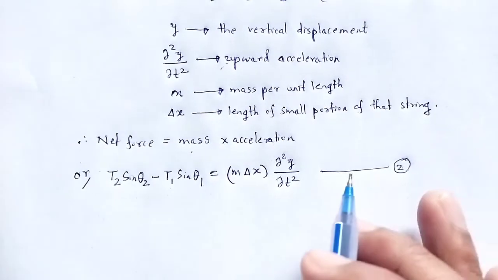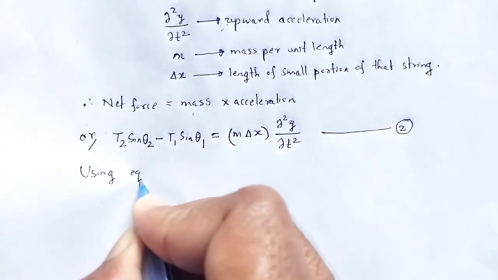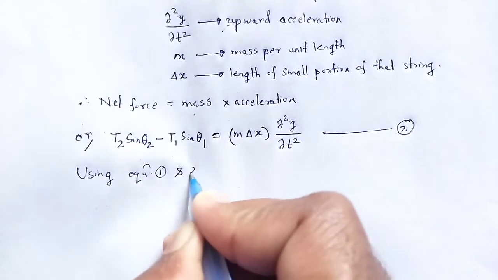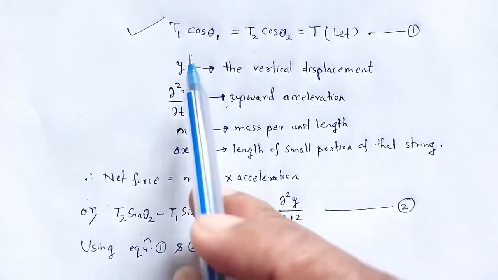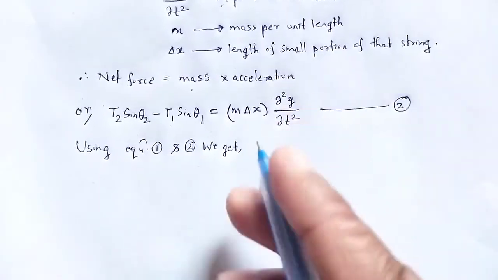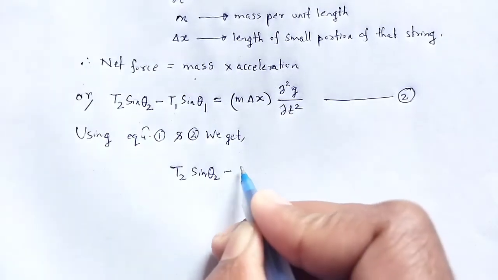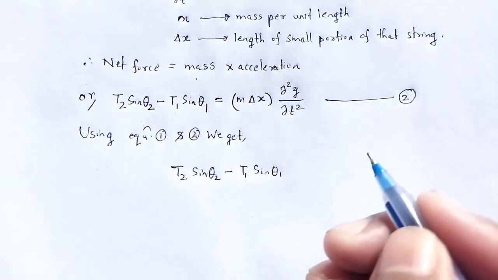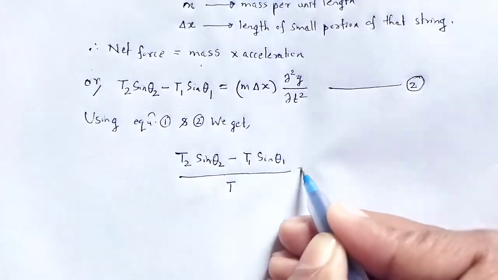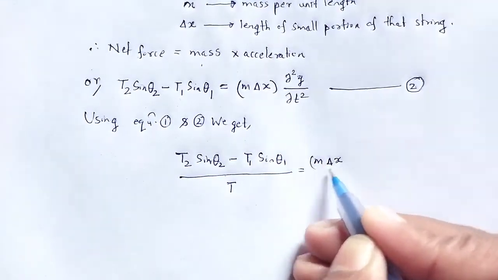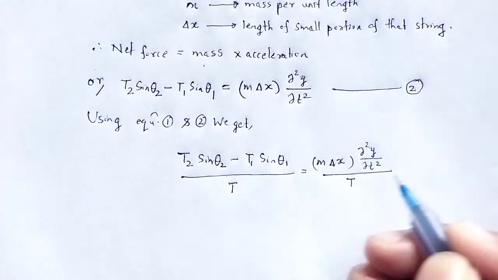Now, using equations 1 and 2, we get T2 sin theta 2 minus T1 sin theta 1, divided by T, equals m del x divided by T times del 2y by del t2.